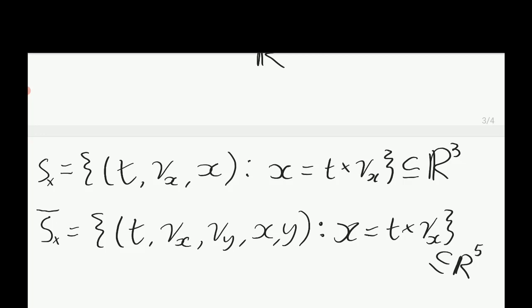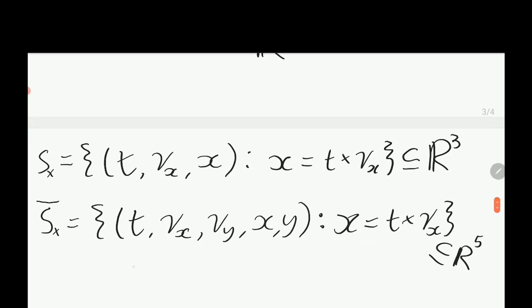literal about things. But it's actually a lot easier to think about this Sx bar, because really Sx bar is going to look like what we get if we take Sx and multiply it by R squared. Now, what do I mean by that?